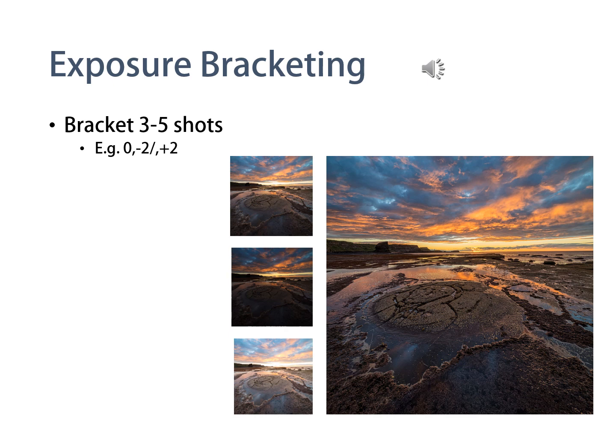Here we have 3 bracketed shots that made up the image on the right. The first image is at 0 EV, the next is 2 stops underexposed, and the last image is 2 stops overexposed. There is real value in taking this approach. The base image has much of the detail, but the cliffs are too dark and the sky is too bright.